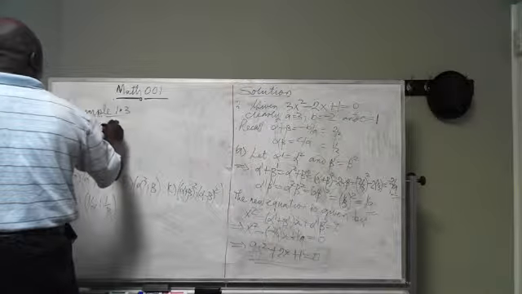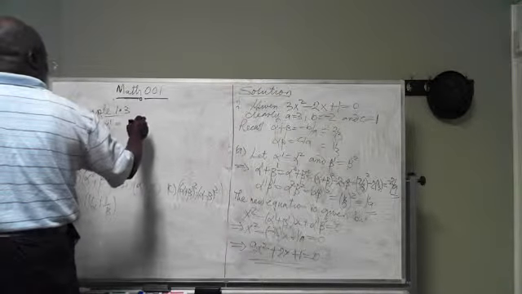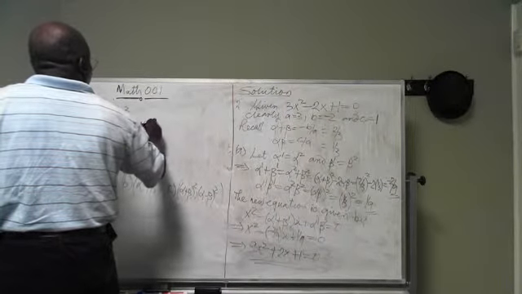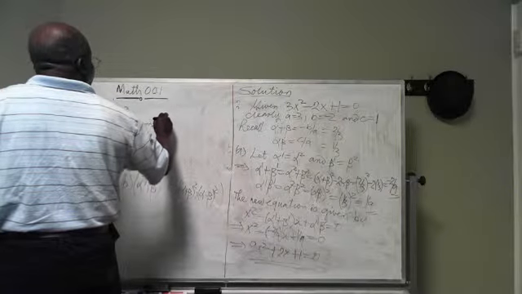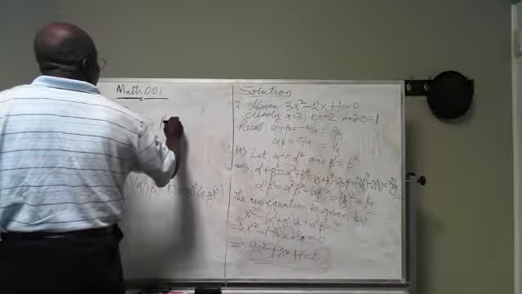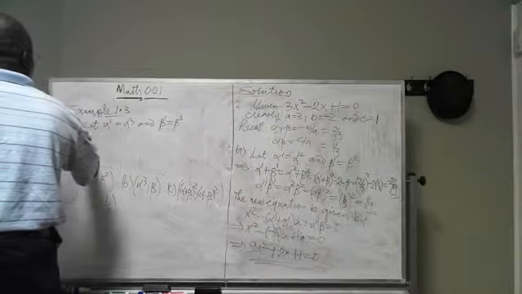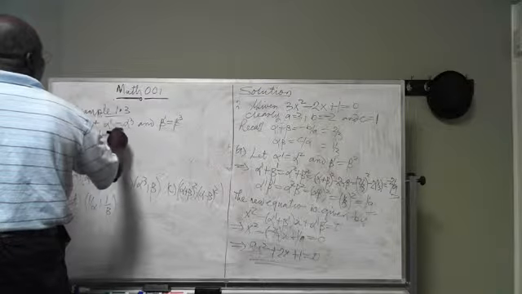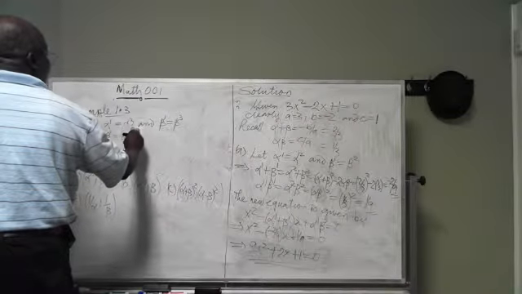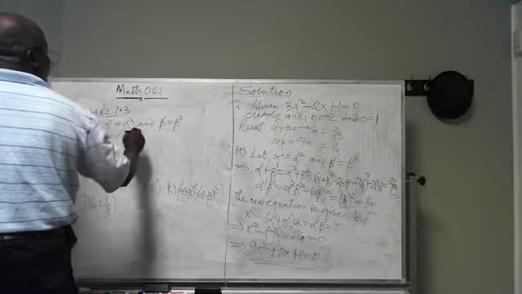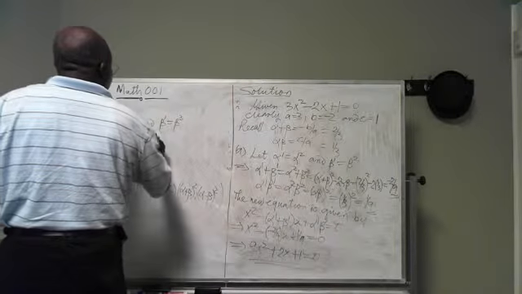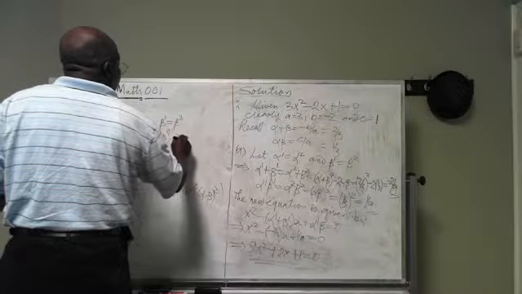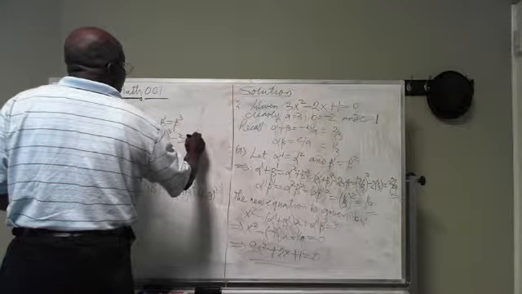Let alpha prime equals alpha cubed and beta prime equals beta cubed. Then alpha prime plus beta prime equals alpha cubed plus beta cubed, which is equal to alpha plus beta all cubed minus 3 alpha beta into alpha plus beta.